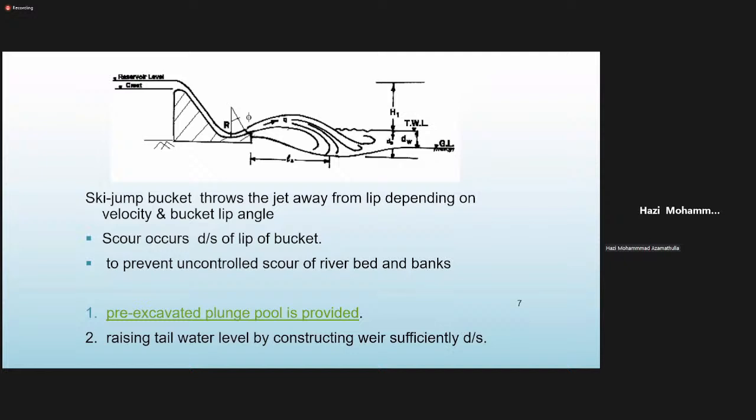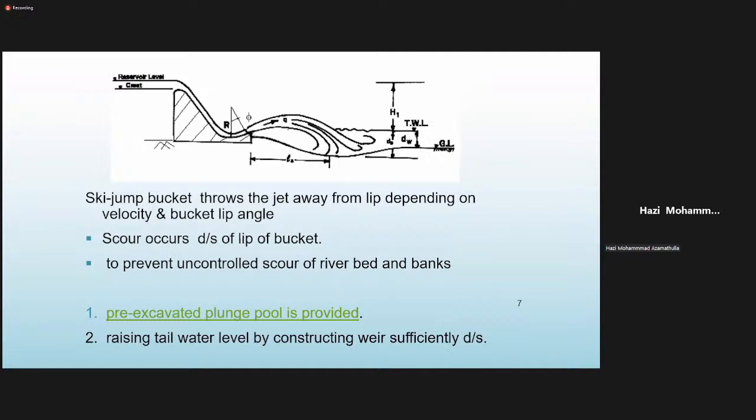So the ski jump throws the jet away from the lip, depending on velocity and bucket lip. You are all aware, from high school or plus two level, the maximum range x equals u squared sine 2 theta by g. So if theta, here phi, is 45 degrees, the jet will go very far. Okay, this is the problem.